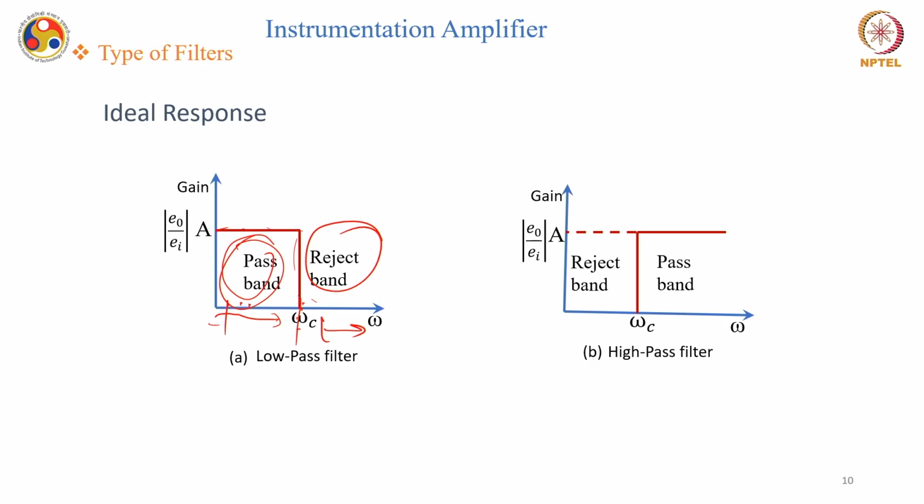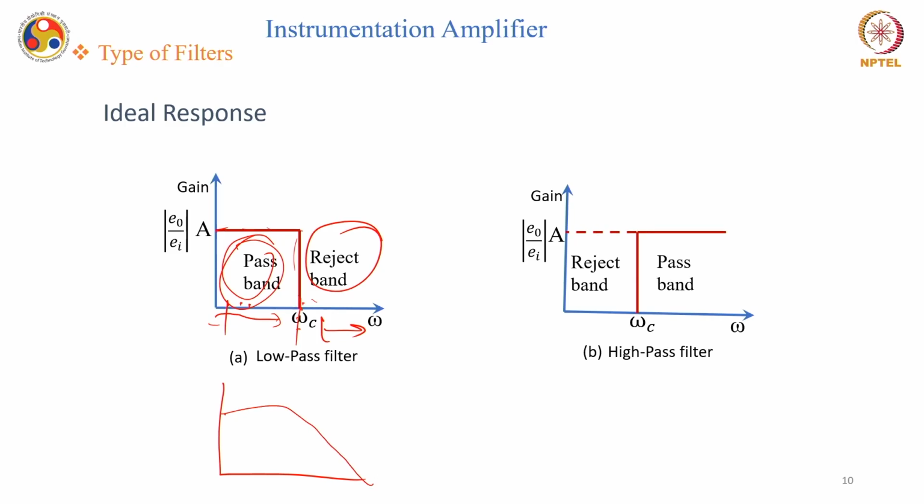Of course we have seen that actual filters will not obey this, and this is a very ideal response. Of course we will try to reach this gain versus frequency curve as much as possible, but that is not always possible, okay. So you may have a curve something like this that we have already seen, right.